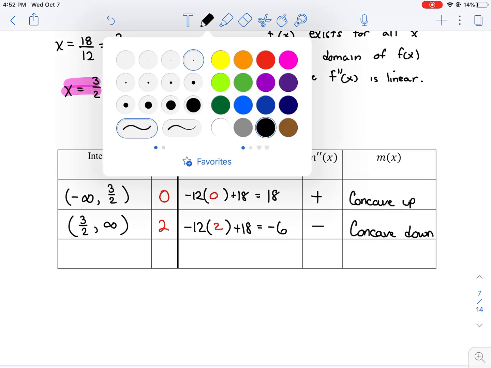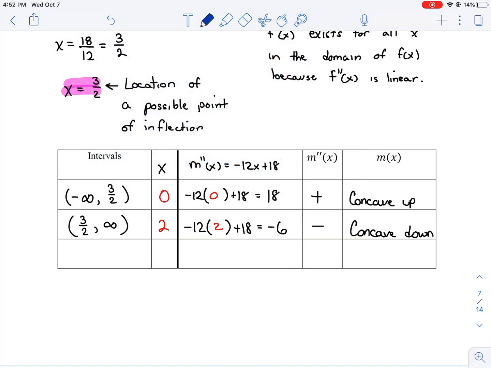Now, since the function changes from concave up to concave down at the point 3/2, we can conclude that 3/2 is an inflection point.